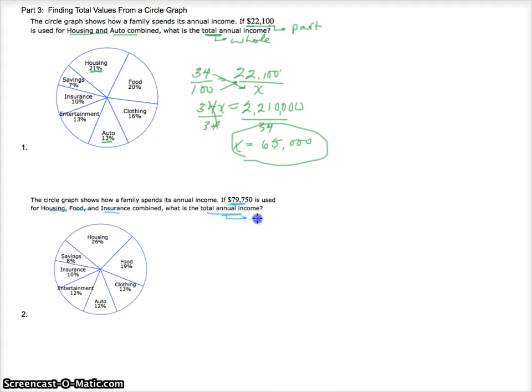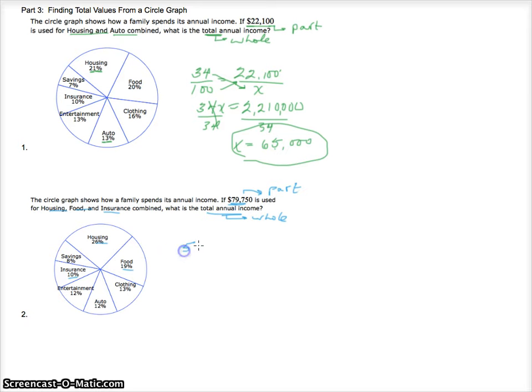So this again, the total is my whole value. And this is the partial value, so it's the part. Housing, food, and insurance combined to make 26 plus 19 is 45, plus 10 is 55.